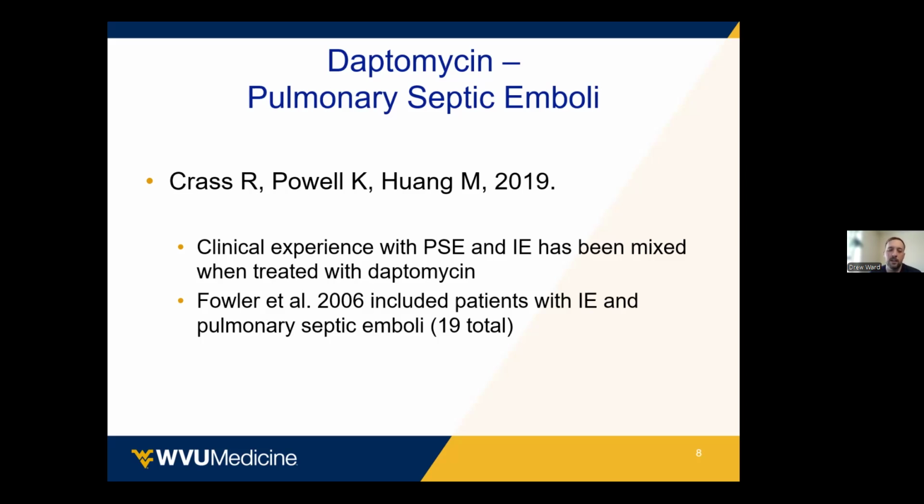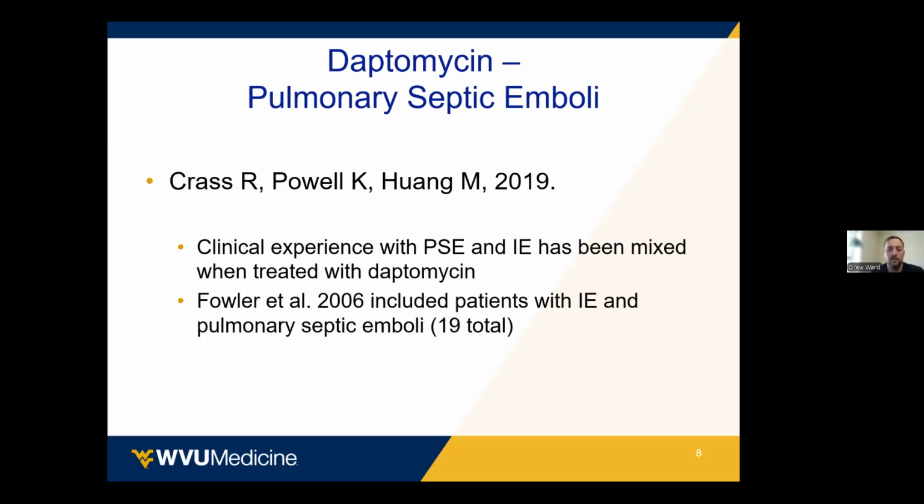And of those, in a post hoc analysis conducted a few years later, about 50 to 60% of those patients underwent successful treatment of their infection with daptomycin, which was relatively similar to that of the comparative group in this trial, which was IV vancomycin. But of note, these are obviously very small numbers.